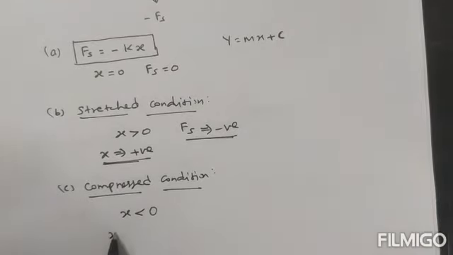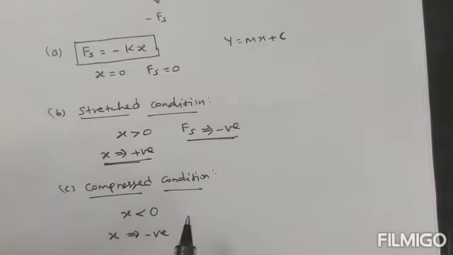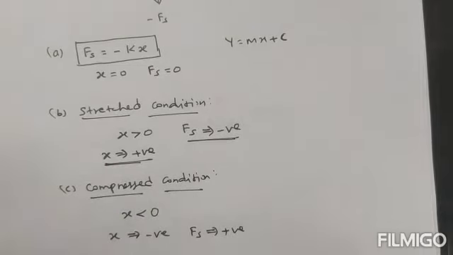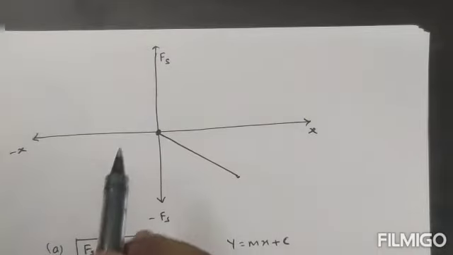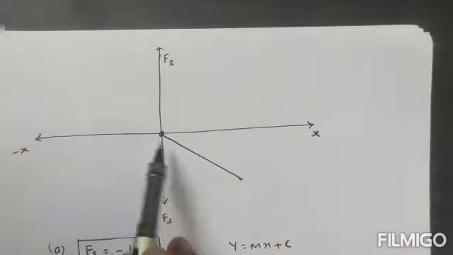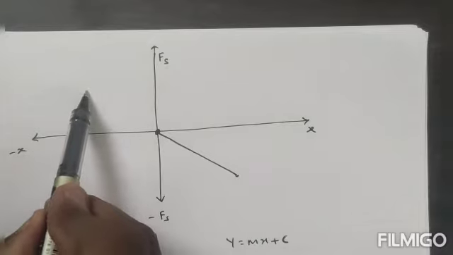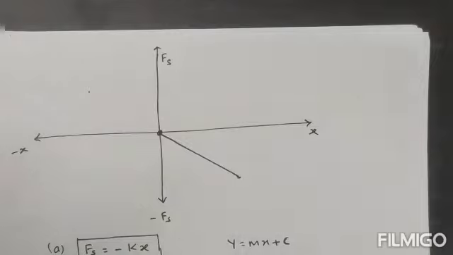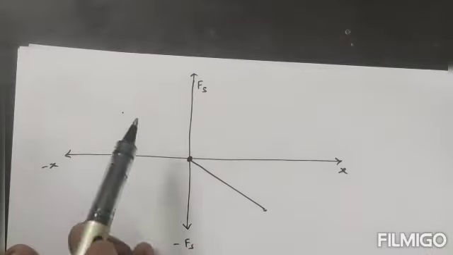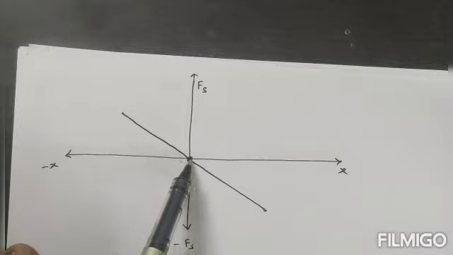So we can say that x is treated as negative, and the spring force is treated as positive. So x value is negative, force value positive. Here also we maintain a straight line. So we can draw the graph like this.